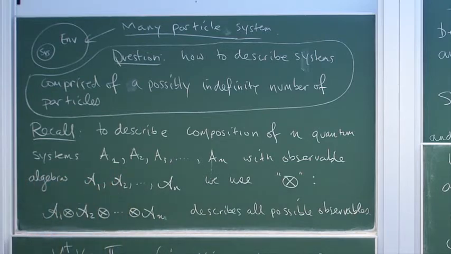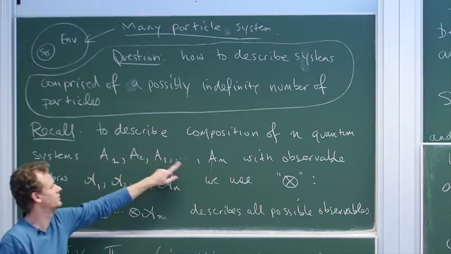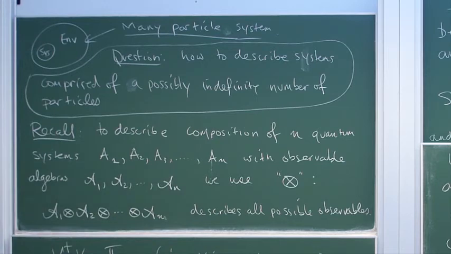So this bunch of matrices determines all the possible observations you could make on the composition of A1, A2, all the way up to AN. That's just a reminder.